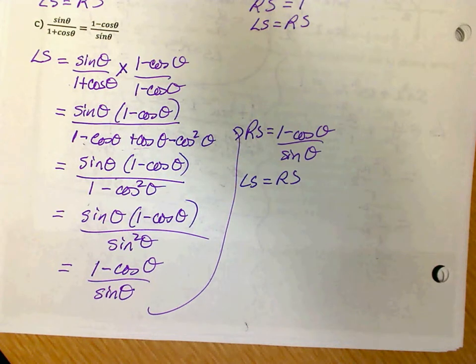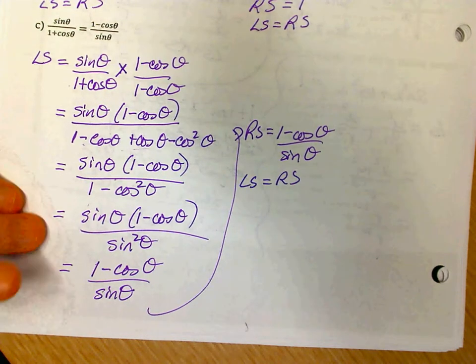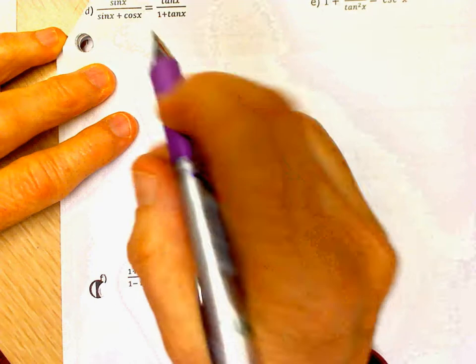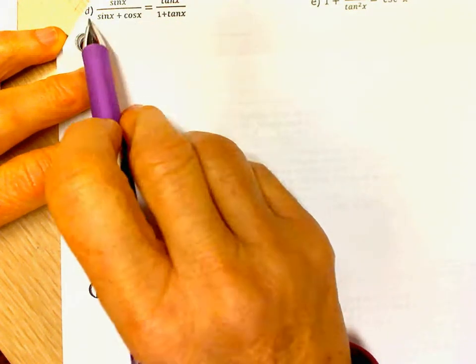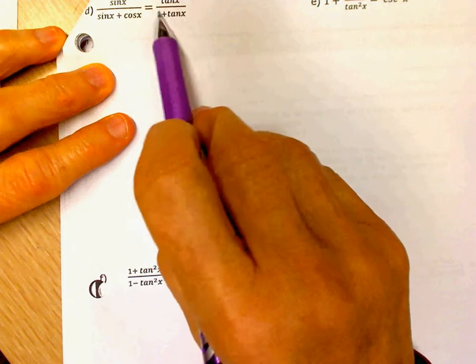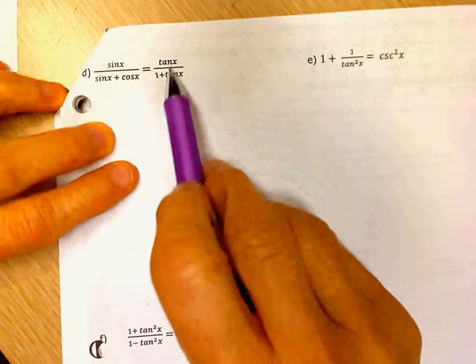Okay. I want to show you one where we convert everything to sine and cos. Do you notice how everything on the left-hand side is in terms of sine and cos? So why don't we change everything on the right-hand side to things in terms of sine and cos?